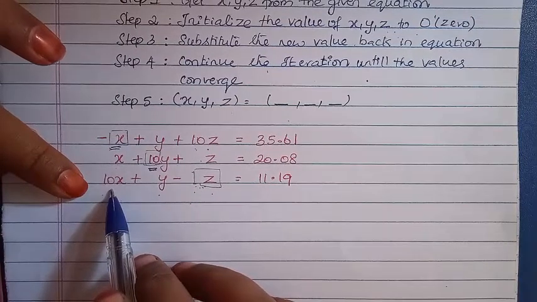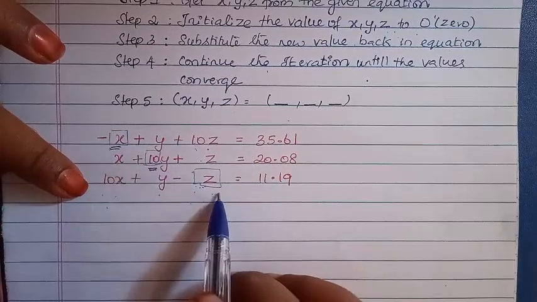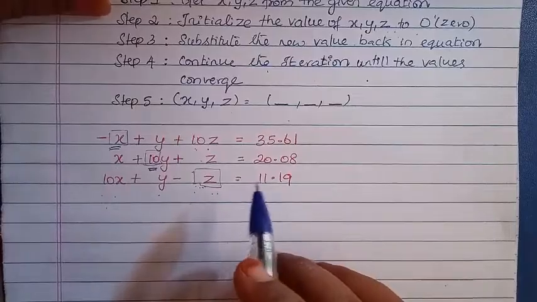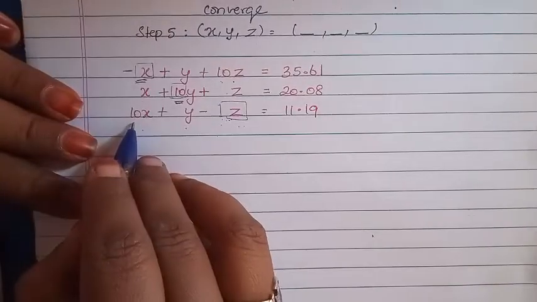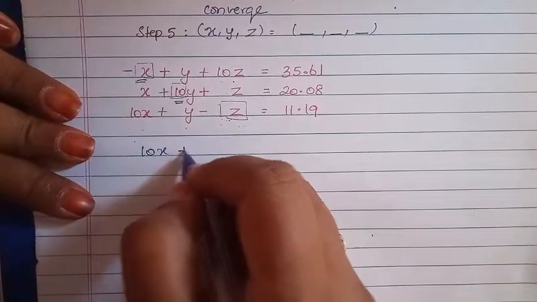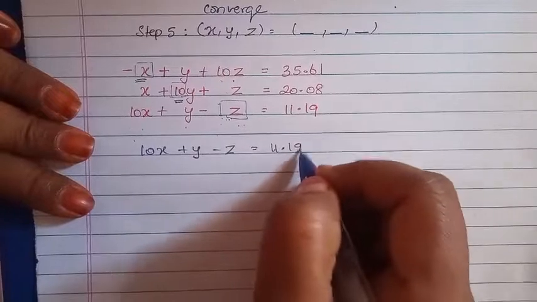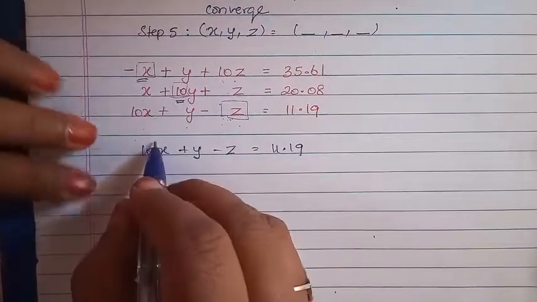So what we can do is rearrange the equation in such a way that it is diagonally dominant. Let me rearrange it. This equation will come first. It is 10x plus y minus z equal to 11.19, which will become the first equation.